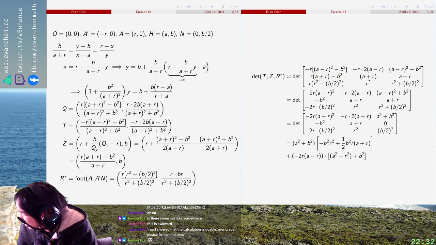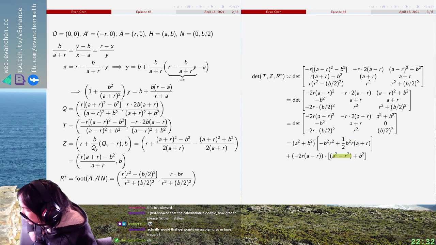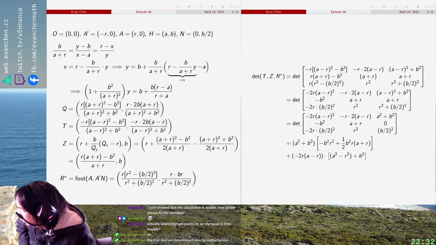The thing is, this thing is divisible by a squared minus r squared, right? I think, is it? If a equals r, then this does actually vanish. So this is definitely almost, I think it's almost correct. What's it off by? It's off by some factors of 2, and this factor should be this factor.